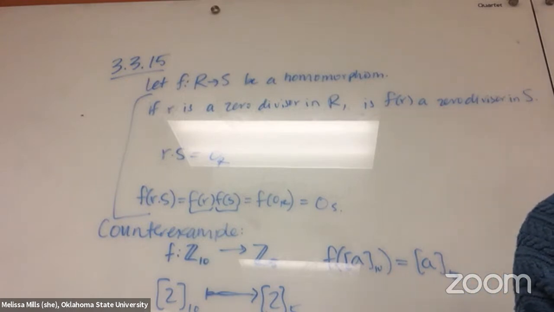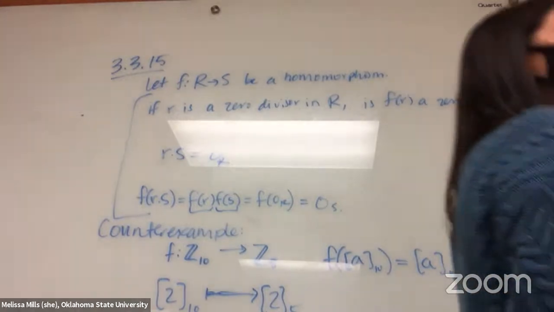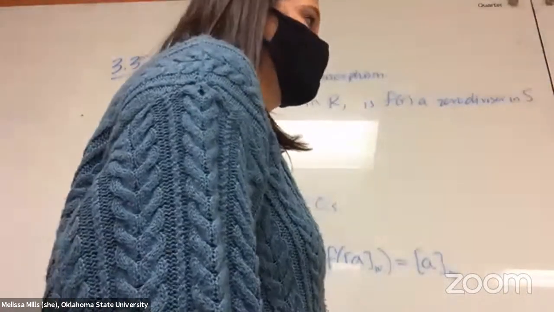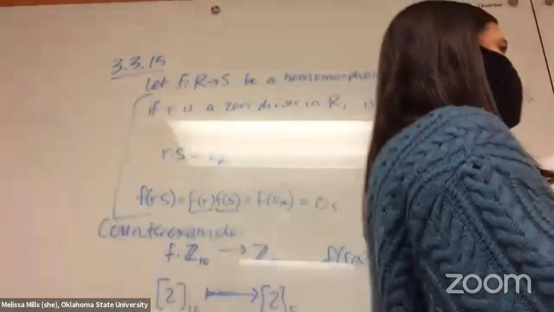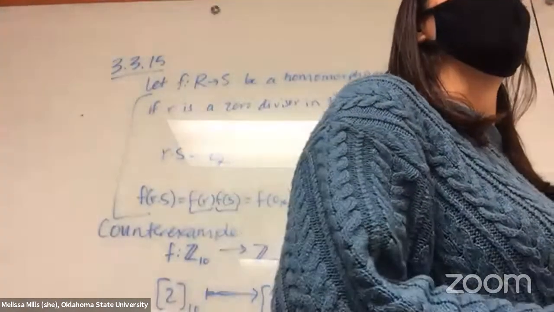So then you're saying that (0, 1) is a zero divisor in R cross S, but (0, 1) maps to just 1, and this is not a zero divisor in S. Yeah, so that works. And like I said, I didn't get through everyone's. Others of you might have other counterexamples that were nice.